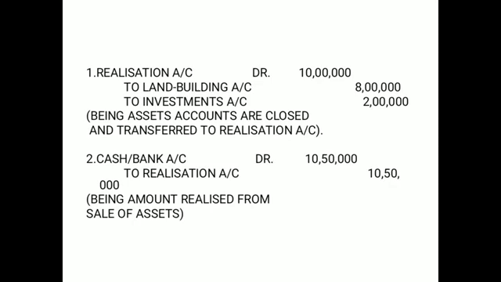But instead of writing two journal entries, to make it simple and easy, one journal entry has been written here, because in both the journal entries, realization account is debited. So instead of debiting it twice, it is directly written in one journal entry. And the narration says, being assets accounts are closed and transferred to realization account.